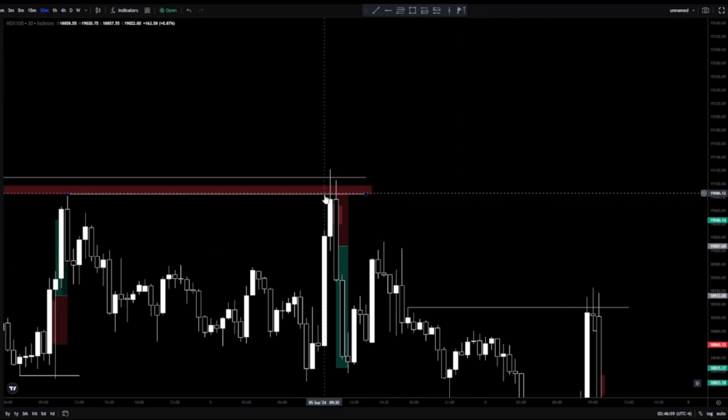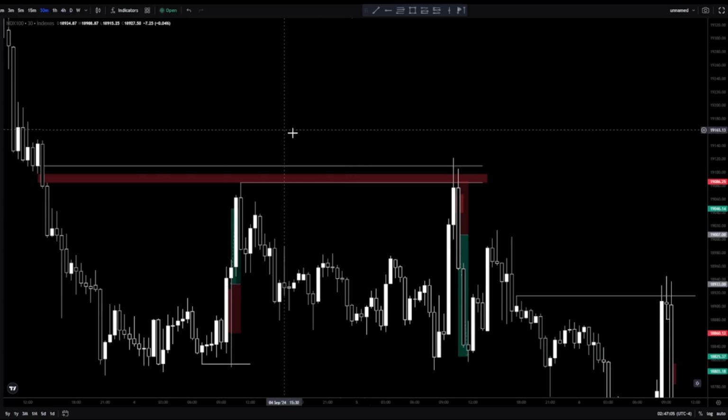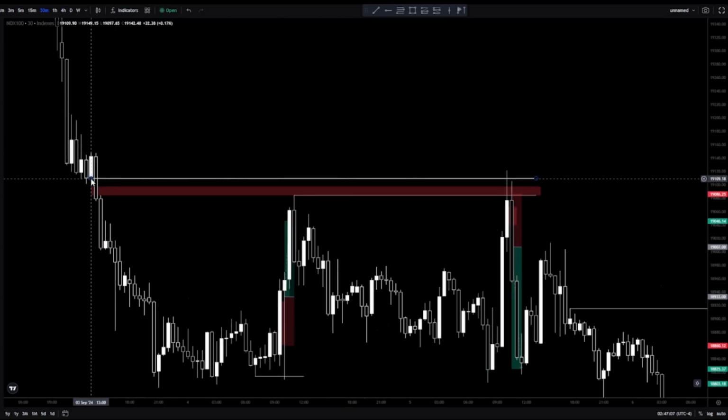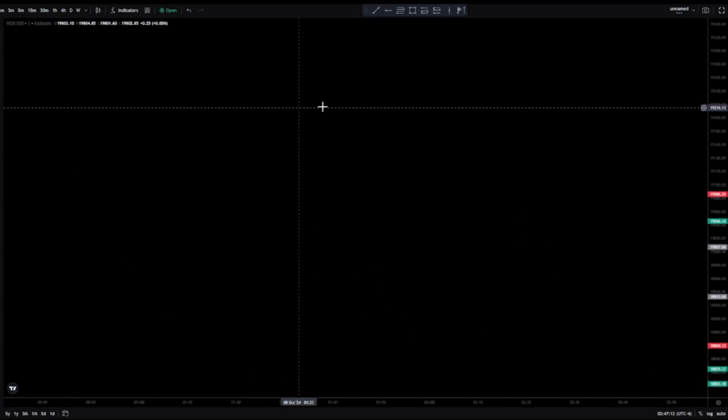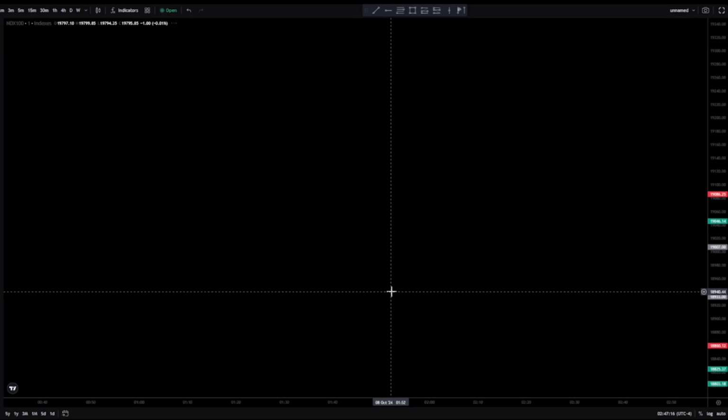Also, this fair value gap aligns with this candle which made us lose the money. But if we look to the left, we see this order block right here. And if you ask me, that was a good loss. Okay, that's an acceptable loss. We followed our rules, everything. We had an FVG, we had a high probability setup, so that was a good setup.